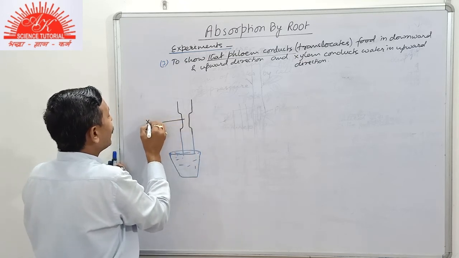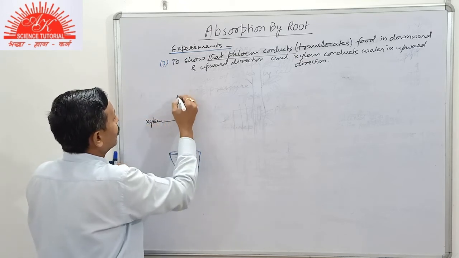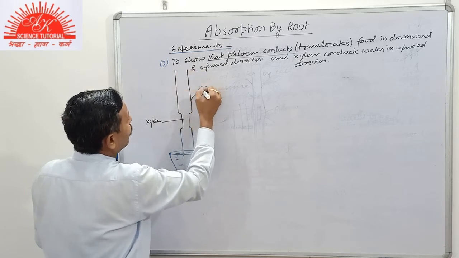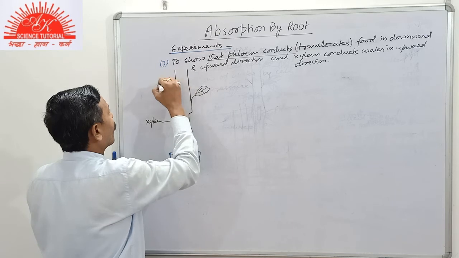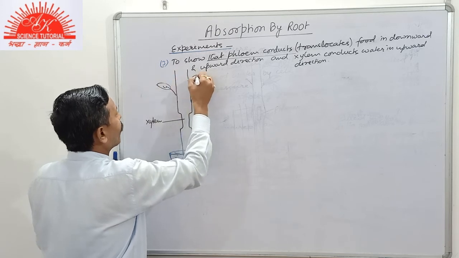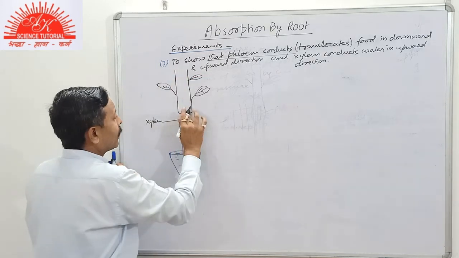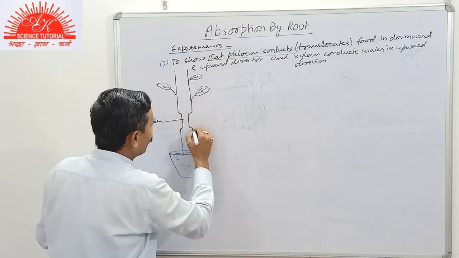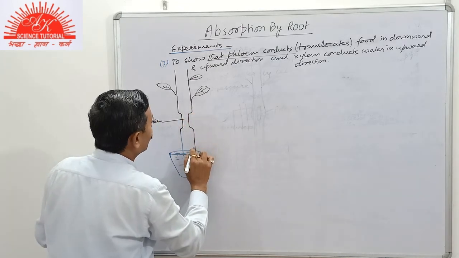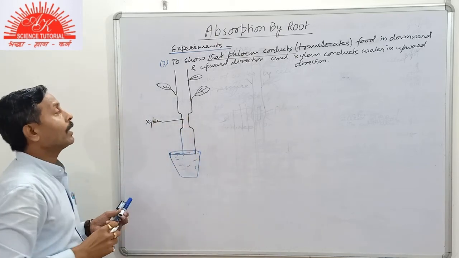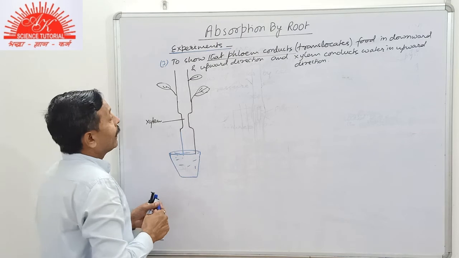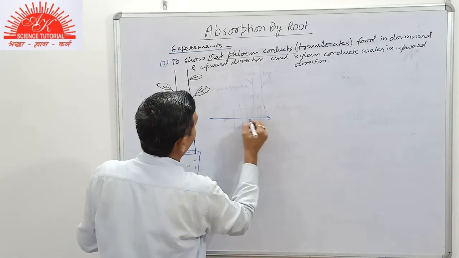So here again the xylem is intact, and in the aerial part there are the leaves. So here the xylem is intact and the phloem is removed. Now this setup is placed for a few days.